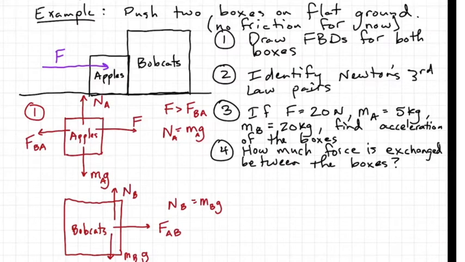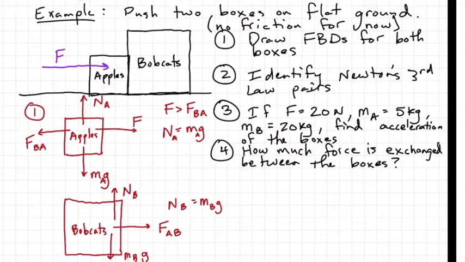And you'll notice that I've called that force FAB, the force of A on B. And on the previous diagram, I called the force here the force of B on A. That was the force that the bobcat box pushes back on the Apple box with. So those are paired forces, FBA and FAB. They're equal in magnitude, but opposite in direction. So we'll come back to that.